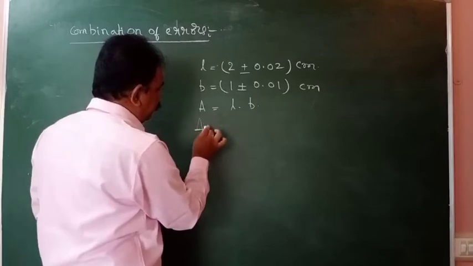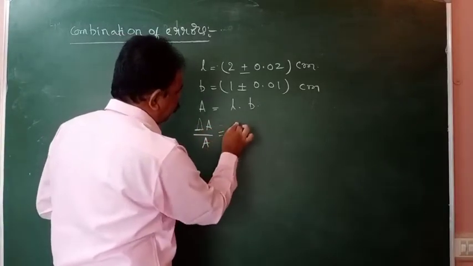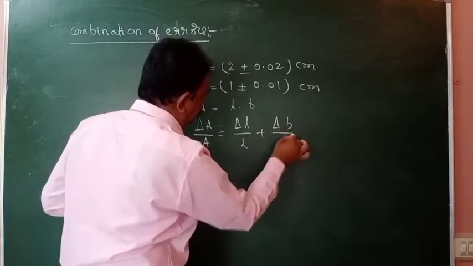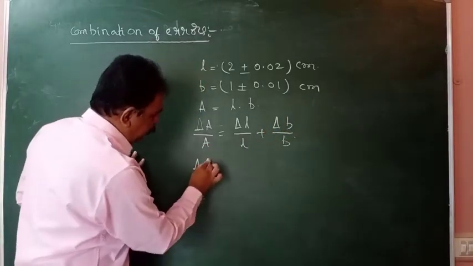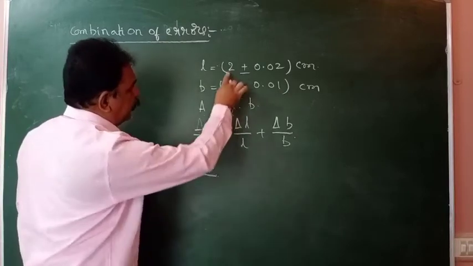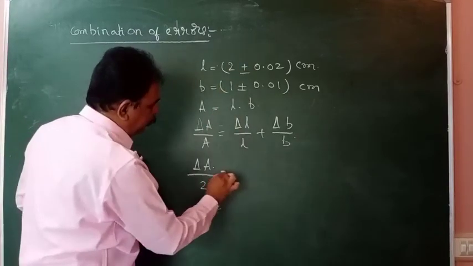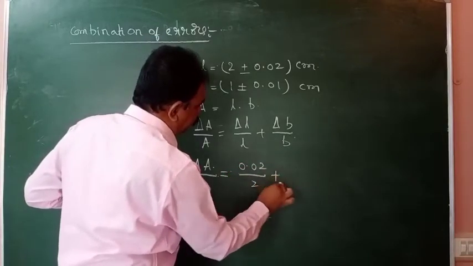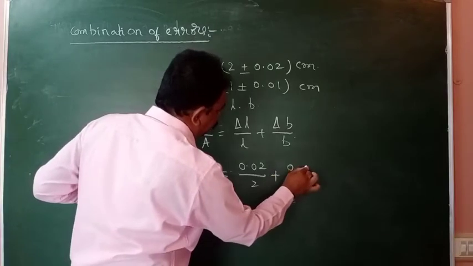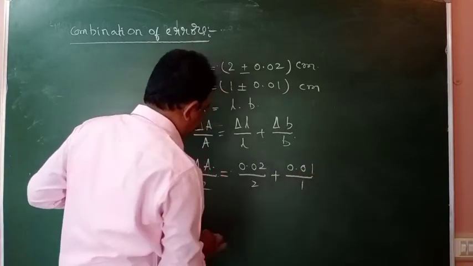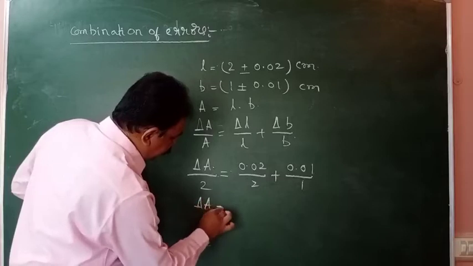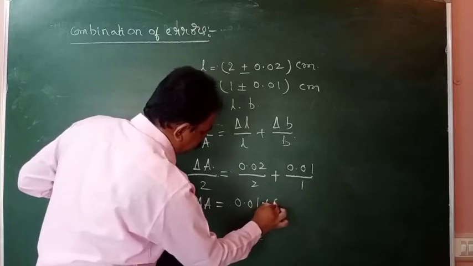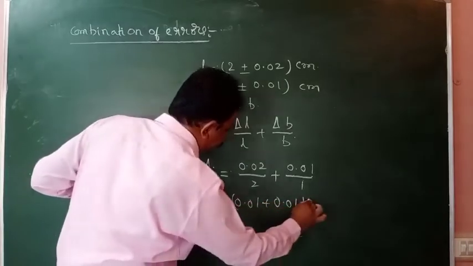So delta A by A is equal to delta L by L plus delta B by B. Then the area value 2 into 1, this will be 2. Delta L is 0.02 by 2 plus 0.01 by 1. Then delta A by A is equal to 0.01, this is also 0.01.